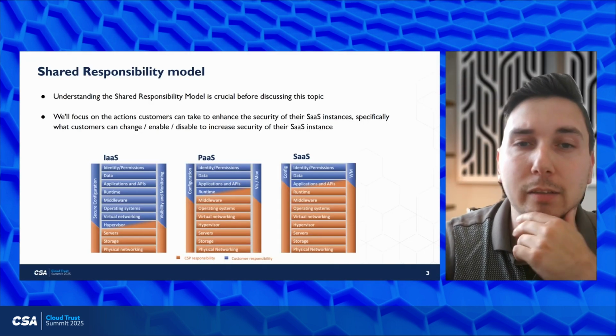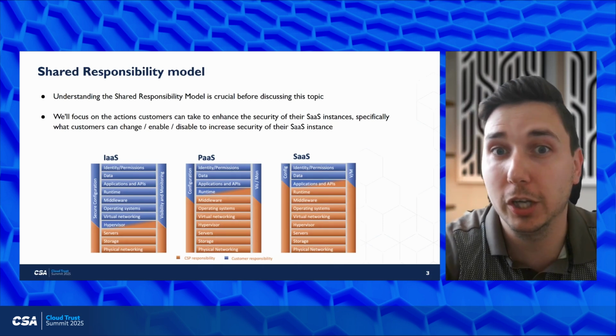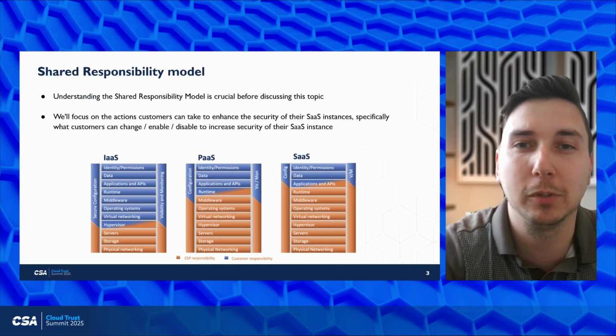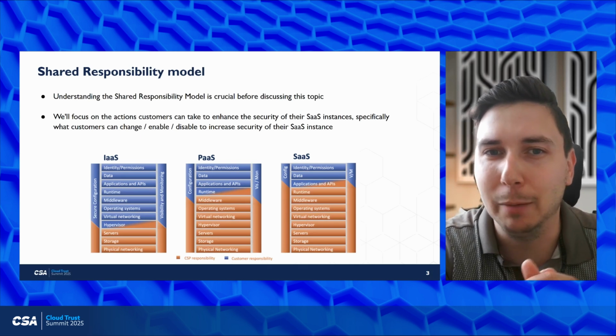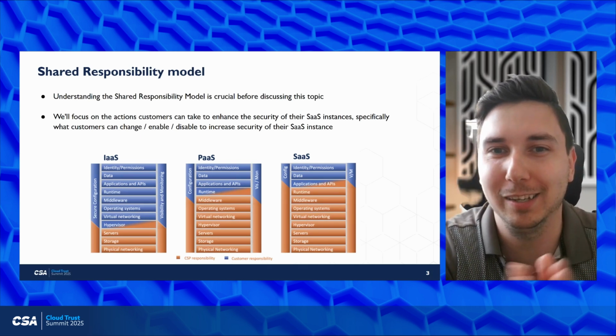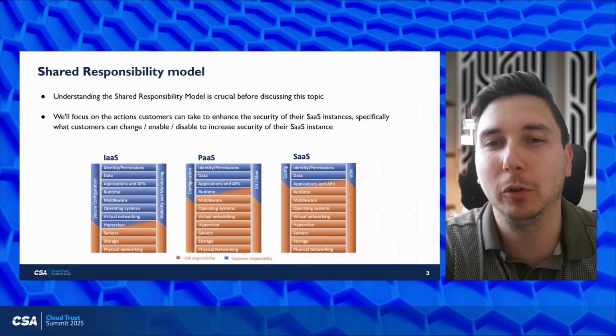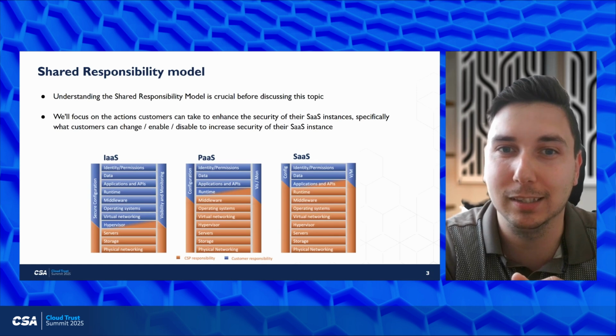So let's kick this off. Let me start by talking really quickly about the shared responsibility model. I'm sure you have seen this slide many times in different formats in the past, but understanding the shared responsibility model is crucial before discussing this topic.